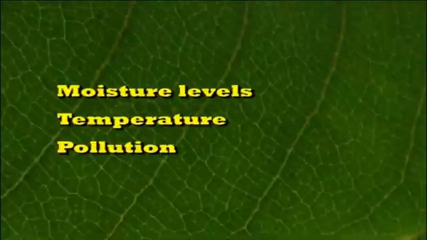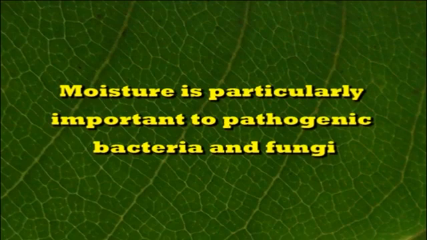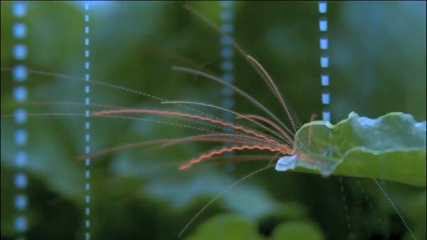Properties of the aerial environment that influence disease development include moisture levels, temperature and pollution. Moisture is particularly important to pathogenic bacteria and fungi. Rain splash plays an important role in the dispersal of some fungi and nearly all bacteria, and a period of leaf wetness is necessary for the germination of most airborne spores.